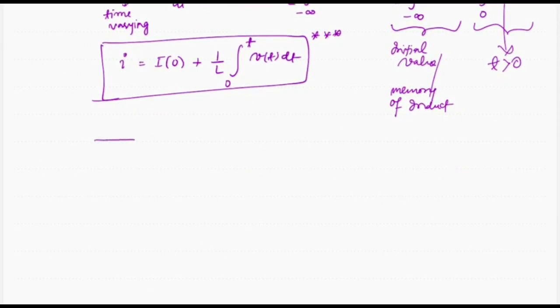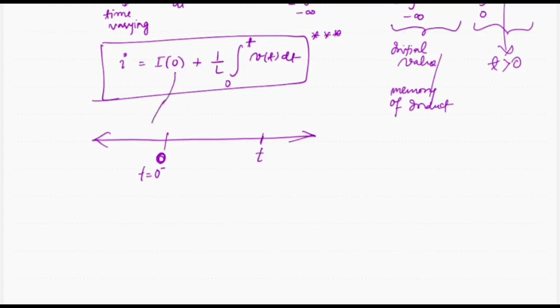While calculating current, we have to take the value of current up to a particular time, that is known as t equal to 0 minus, that is t0.